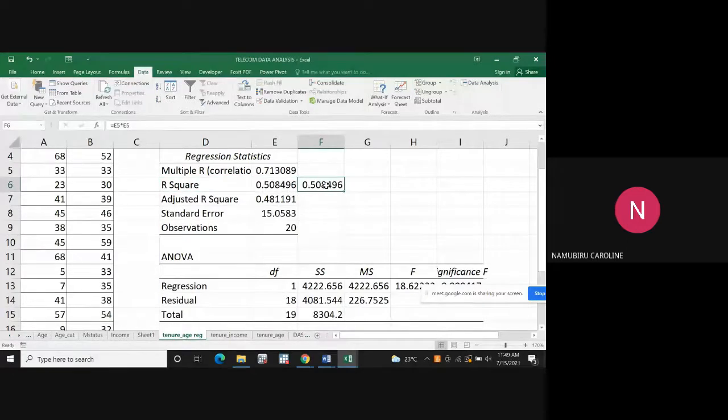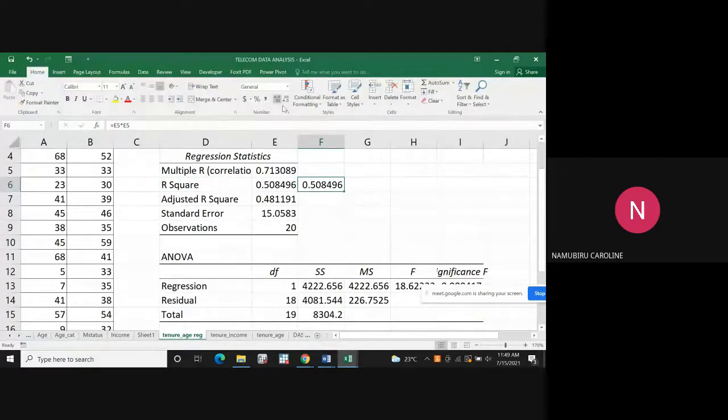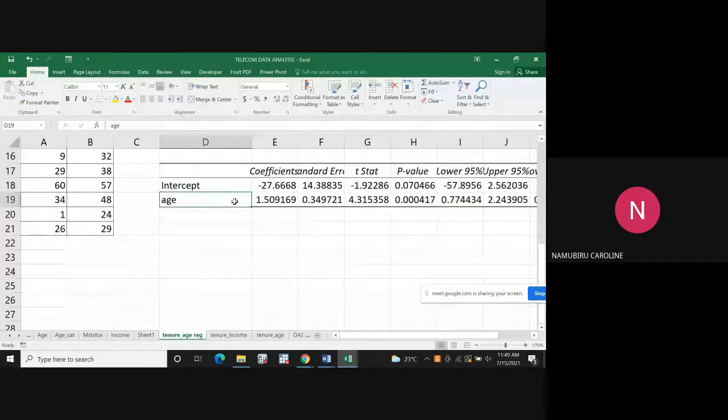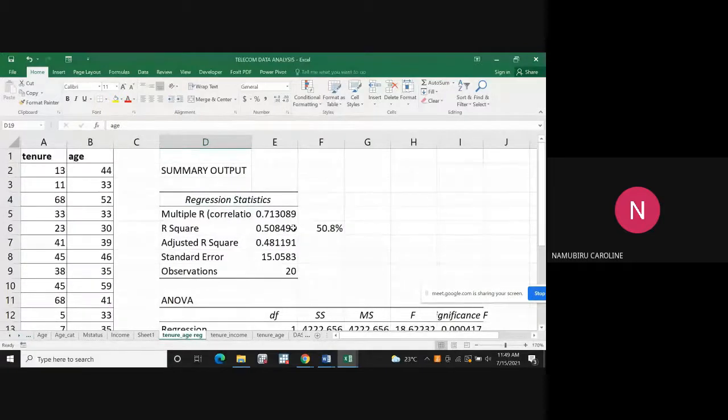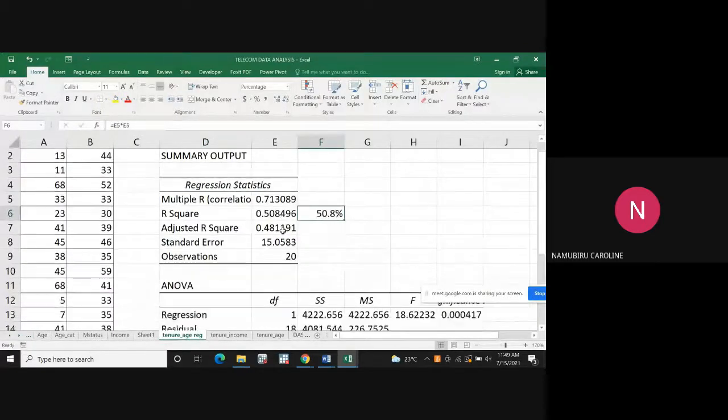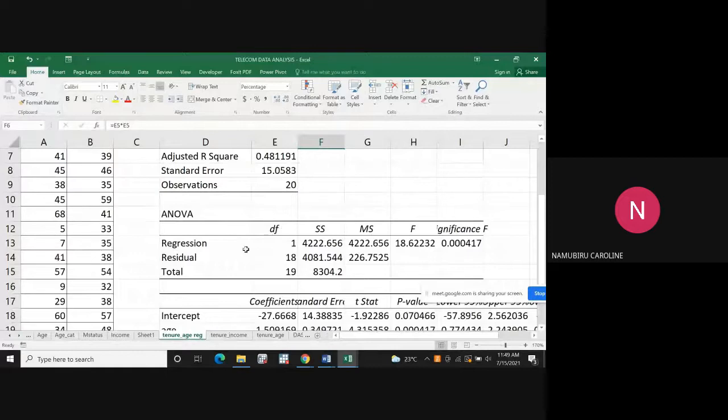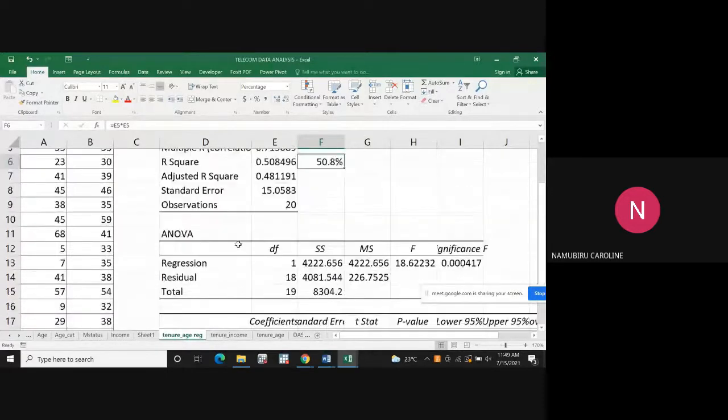So this value here is what we call the goodness of fit. In percentages, it is 51% or 50.8%. And we can say that this 50.8% means that age, the independent, explains 50.8% of the changes, the variations we see in tenure.